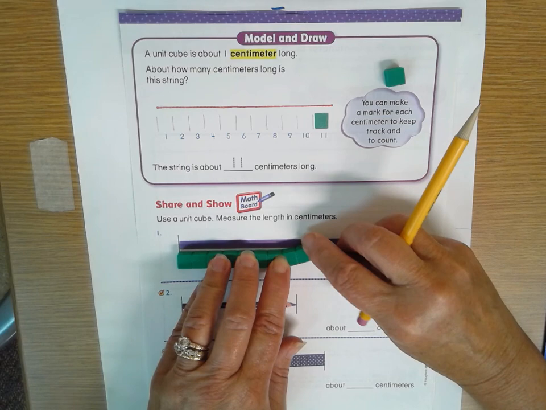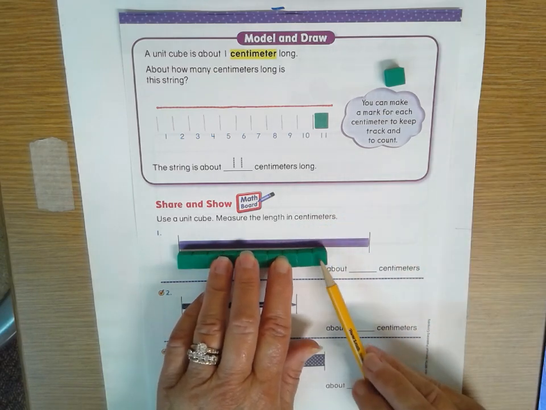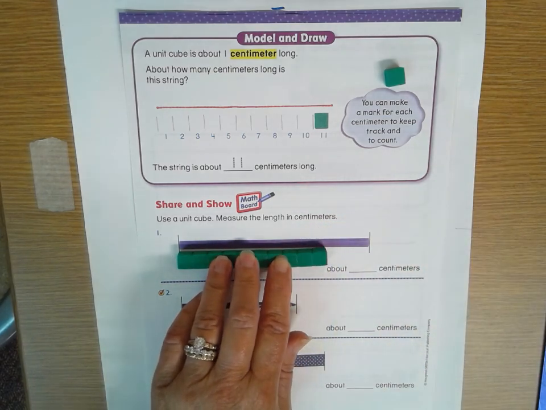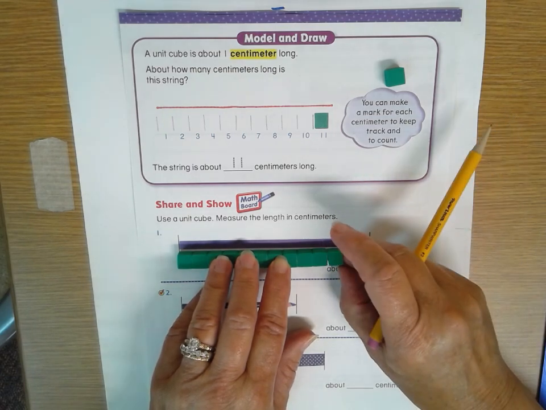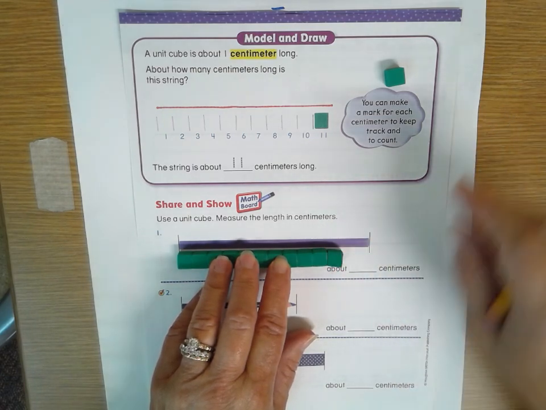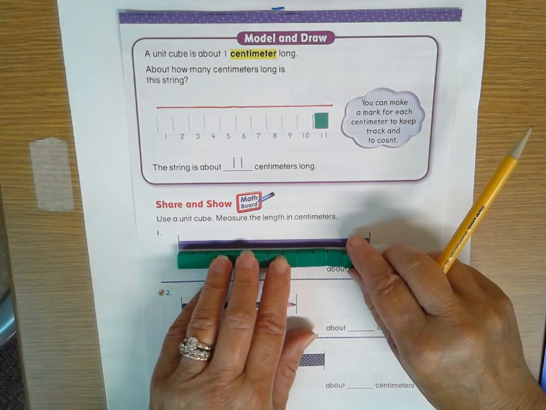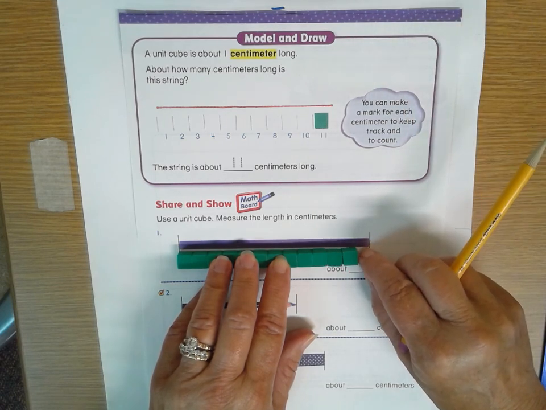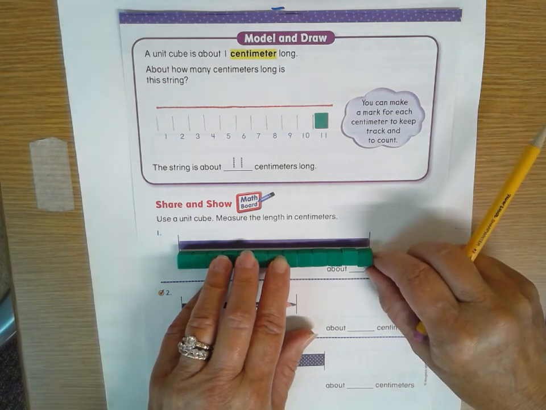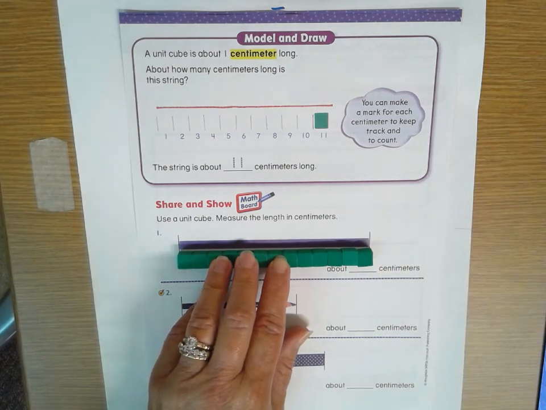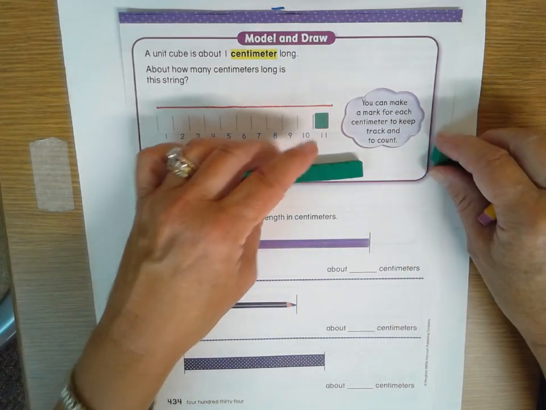And this straw is longer than my 10 stick, my 10 centimeters, so I'm going to put another one there. That makes 11. And another one. That makes 12. They kind of jump around, don't they? And this last one would make 13. So it's about 13 centimeters.